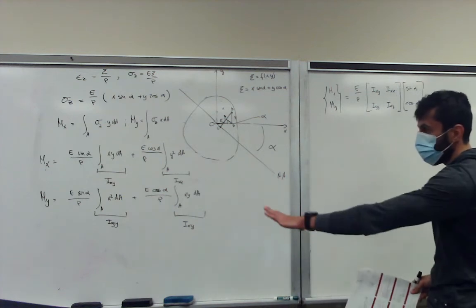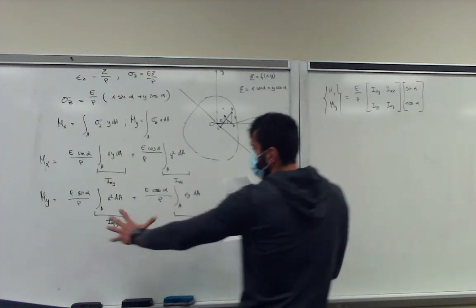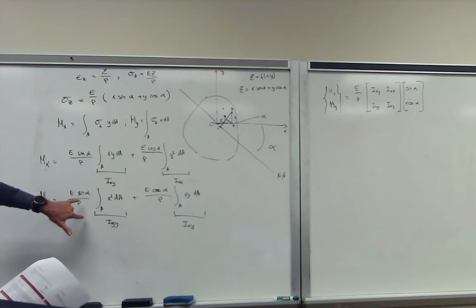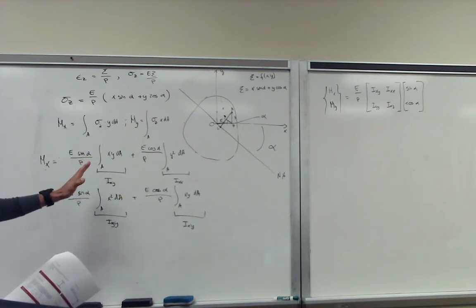What I already did is I basically took these two equations. Notice that E over rho appears in all the terms, so I took that out of the equations and rewrote it in the matrix format.